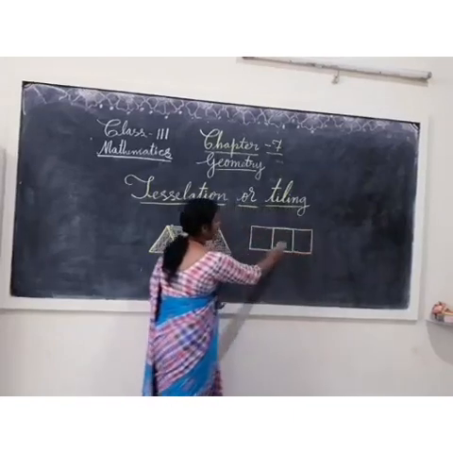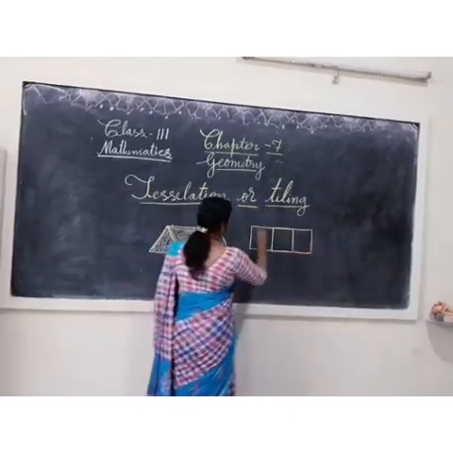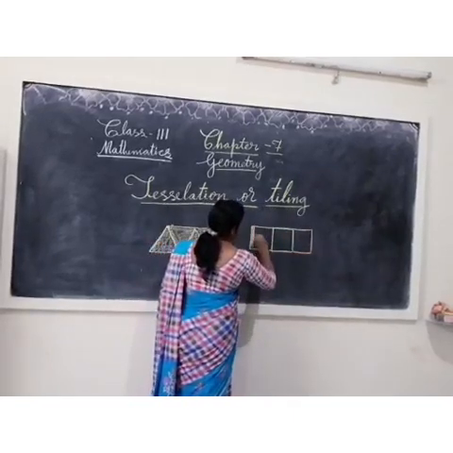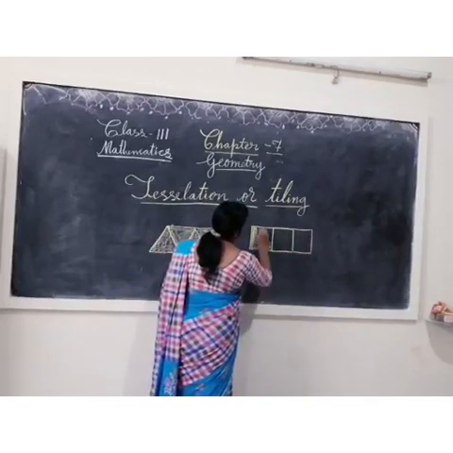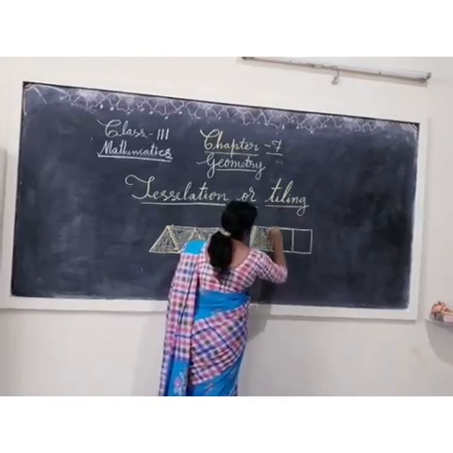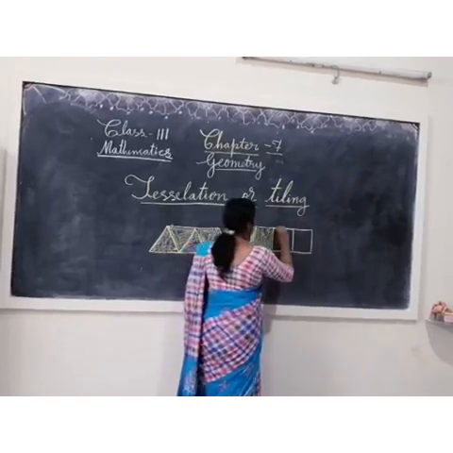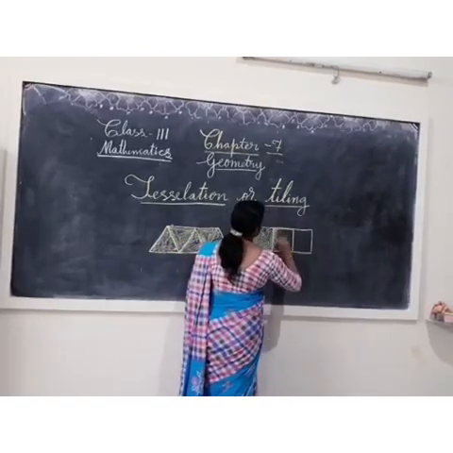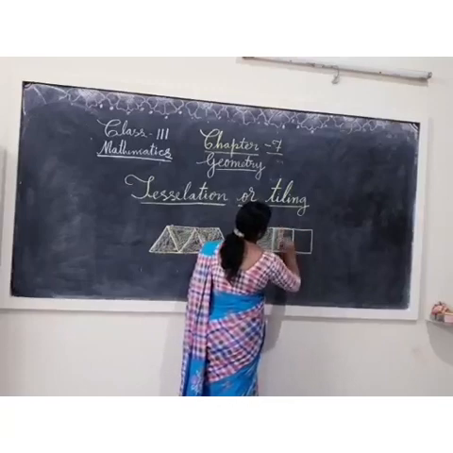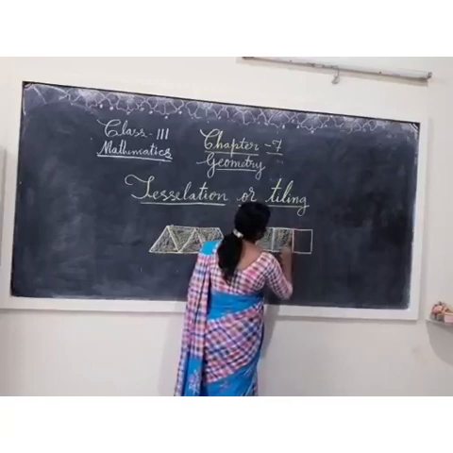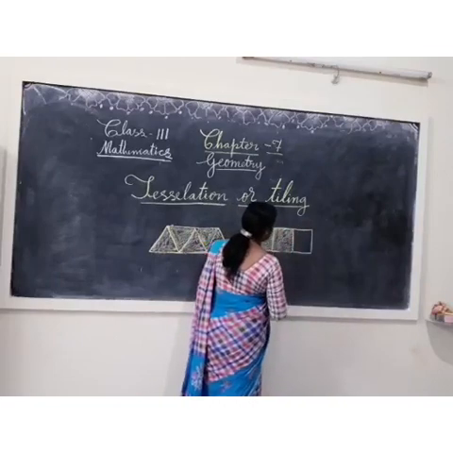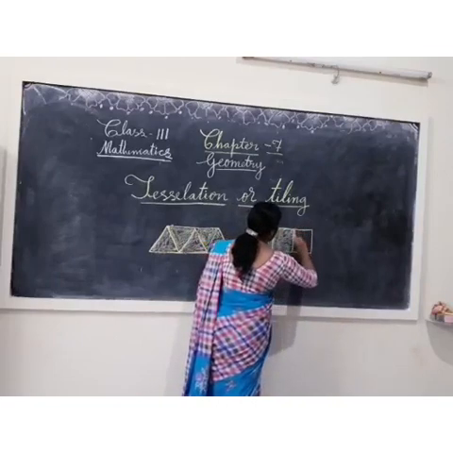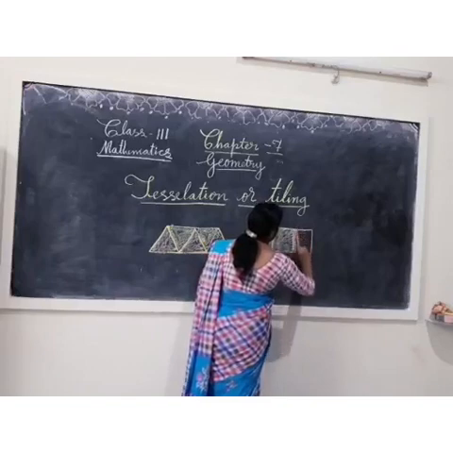Here these are going like that. So we can say with square also we can make tessellation. What is the speciality of tessellation? When you make tessellation or tiling, there should not be any gap.